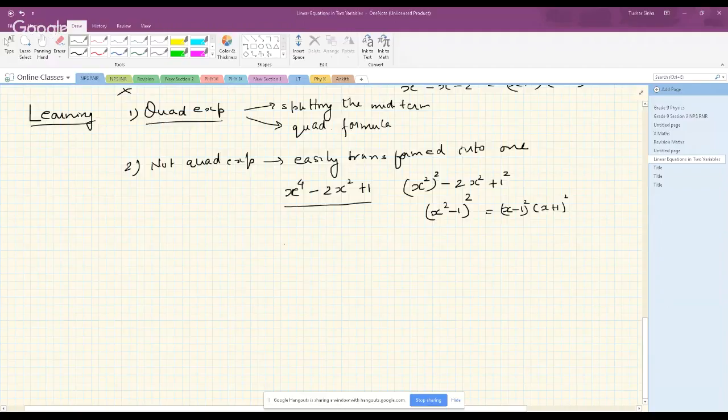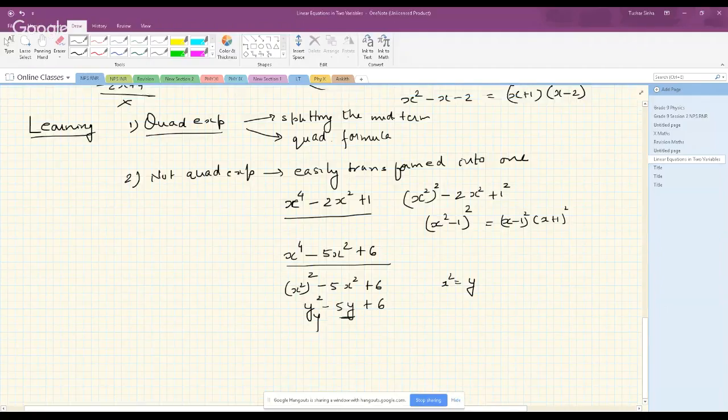They can also give you like this. x to the power 4 minus 5x square plus 6. Again, this is not a quadratic expression, but it can be reduced by assuming x square to be one entity. If you put x square as y, you will get y square minus 5y plus 6, and now you can split the middle term.